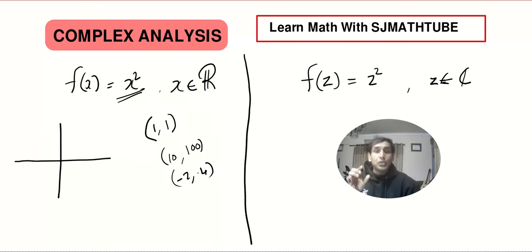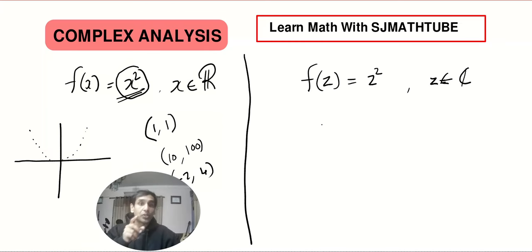So corresponding to every input, I'll get an output and we can plot the coordinates in a two-dimensional plane. So look at this. A one variable function ends up as a graph in the two-dimensional plane, and you already learned this in your high school that the graph will be an upward parabola.